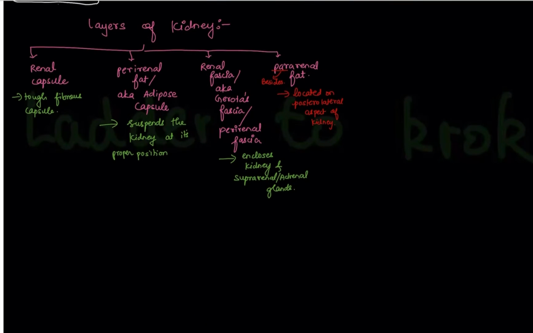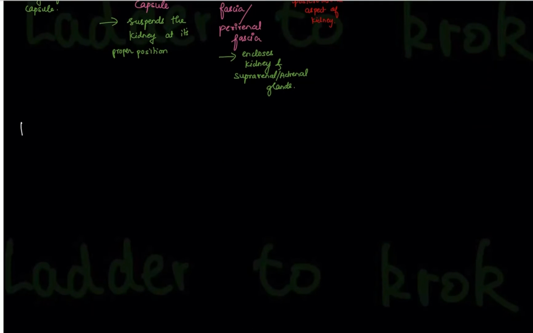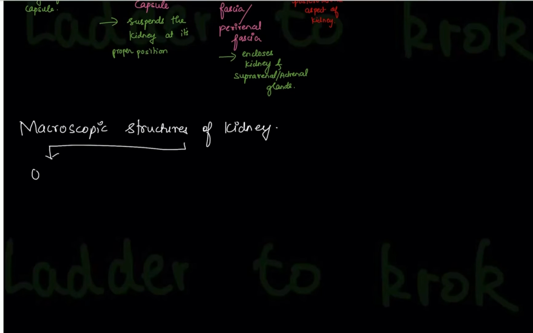Let's look at the macroscopic structures of the kidney. So write down the topic: macroscopic structures of kidney. The kidney is divided into outer cortex and inner medulla.